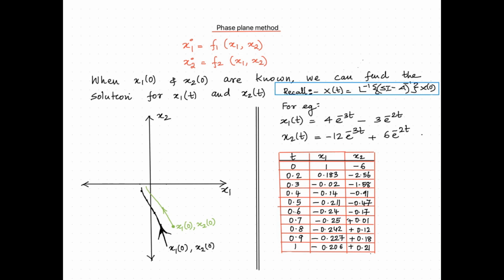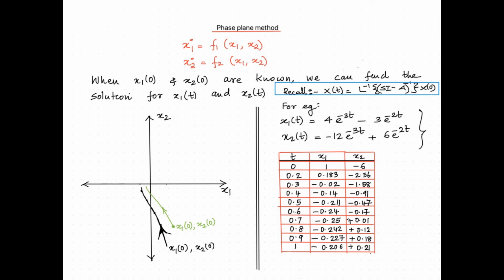This will give you a better picture of the phase plane method. We have seen that for a second order system which is autonomous in nature, we can write x1 dot as f1 of x1 comma x2 and x2 dot is equal to f2 of x1 comma x2. Let us, for example, consider these two equations for x1 of t and x2 of t.